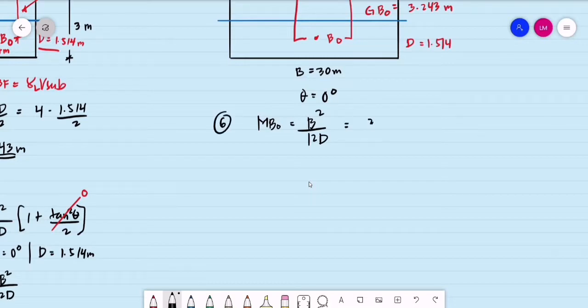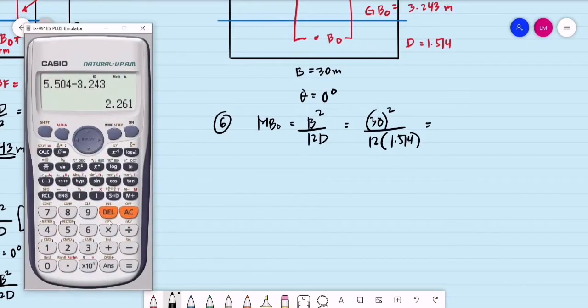So, this is equal to 30 squared divided by 12 times 1.514. And that is equal to 49.538, medyo mataas.